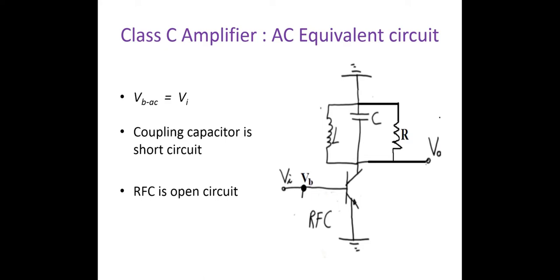So then VB will simply be equal to Vi. And as you can see in the figure, another important point, that VCC is now replaced by ground because the DC voltage VCC has AC component of 0. So the AC component of VCC is 0. So hence the VCC has been replaced by ground.